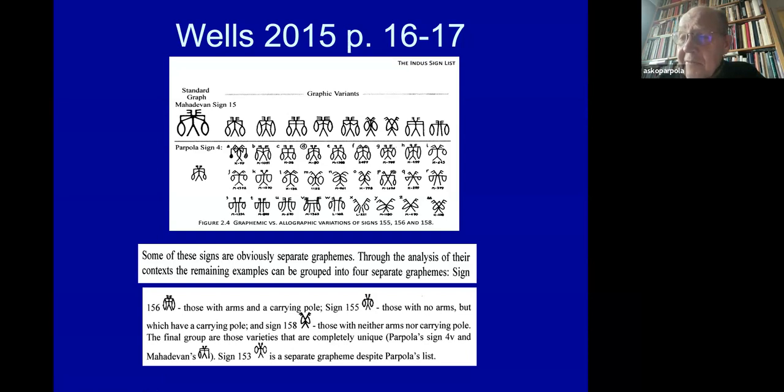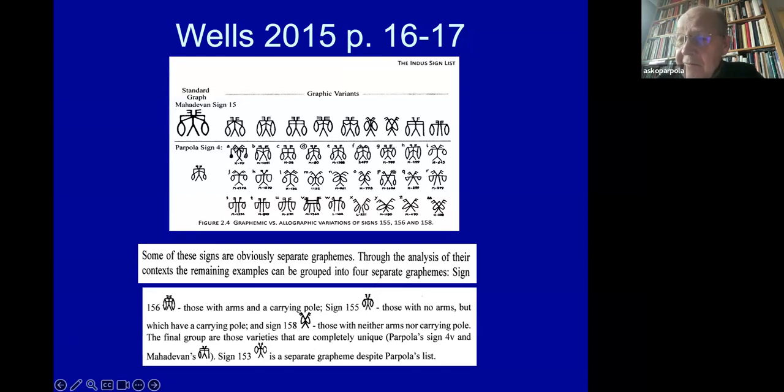Sign 156, those with arms and a carrying pole. Sign 155, those with no arms, but which have a carrying pole, and sign 158, those with neither arms nor a carrying pole. The final group are those varieties that are completely unique.